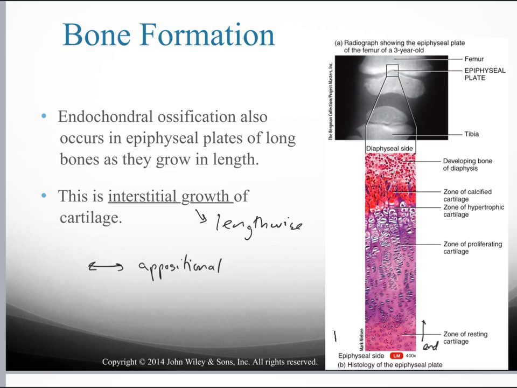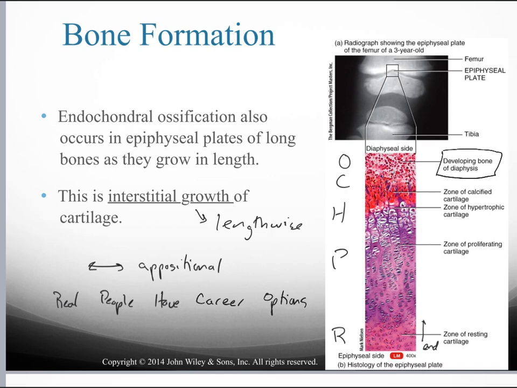So we start here and we say, Real People Have Career Options. I'll write that out for you. Real people have career options. And that O is going to stand for the developing bone of the diaphysis, or ossification.